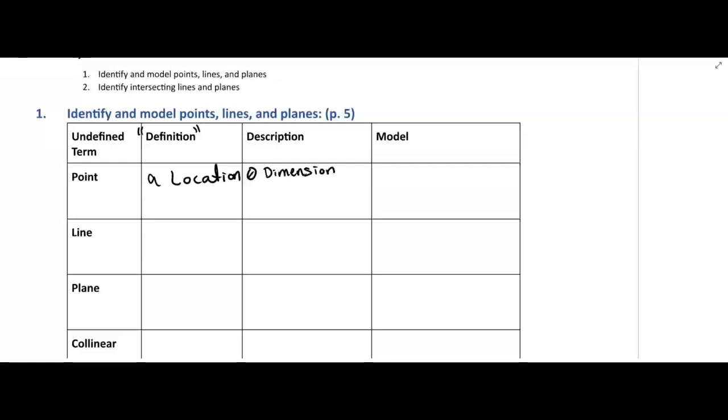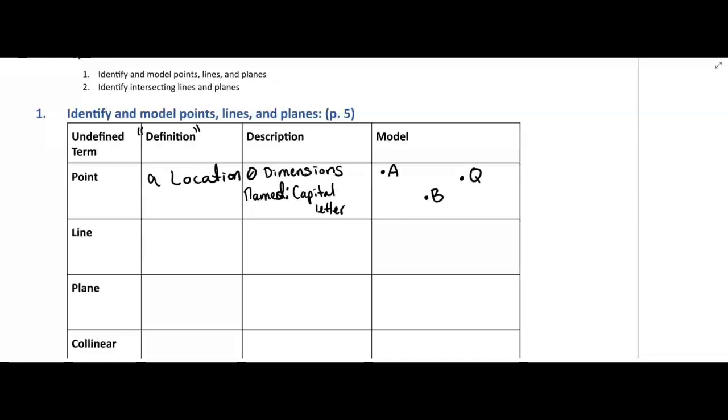So even though when we draw this dot, it technically has a little width and height, it's representing something with no width or height, 0 dimensions. And we would always label or name it with a capital letter. So for instance, I could name this point capital A, might name this point capital B, or this could be point capital C. So one capital letter.